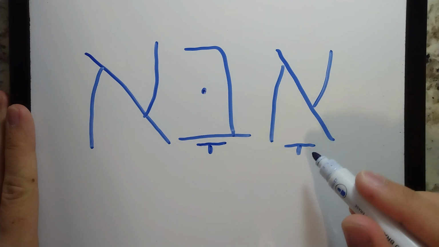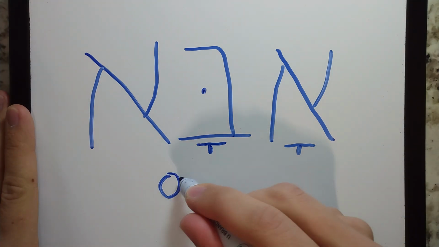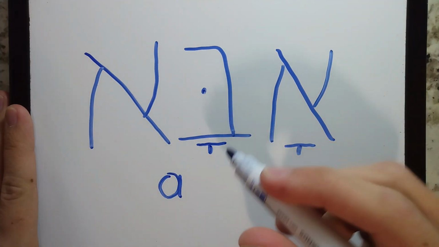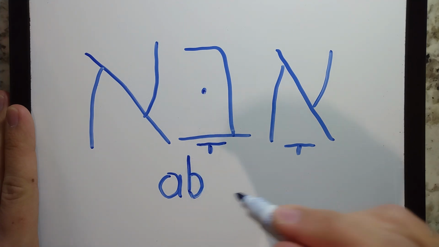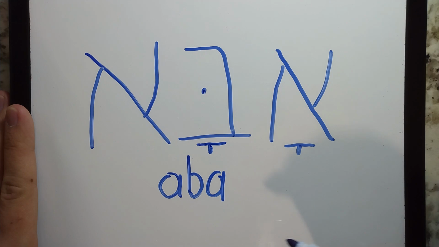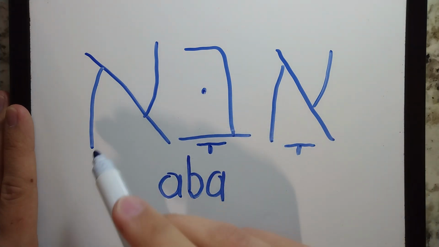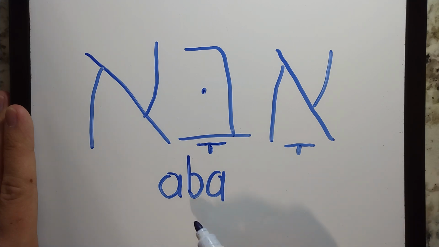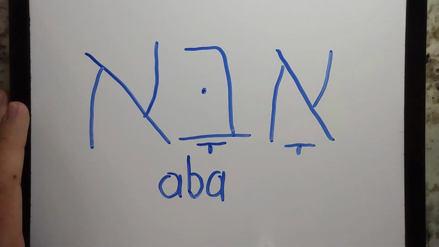Silent aleph, kamatz, ah, bet with dagesh, ba, another kamatz, ah, and another silent aleph, Abba, which I spelled in English with just one B, but is usually spelled with two. Abba in Aramaic and modern Hebrew means father or dad.